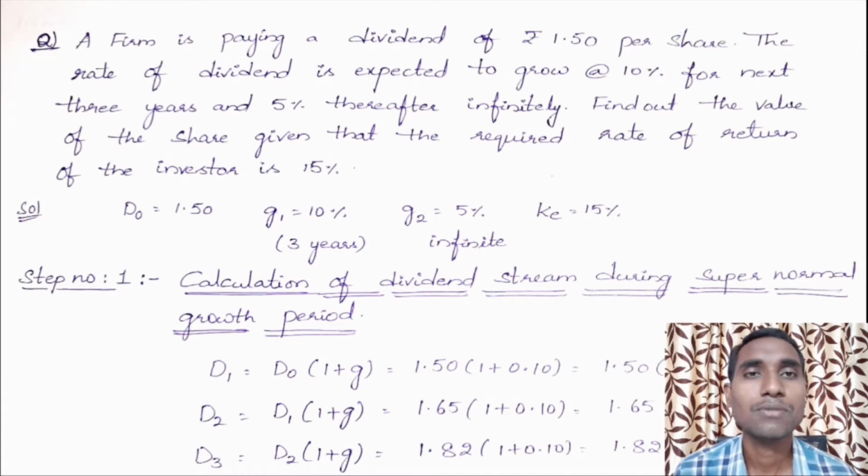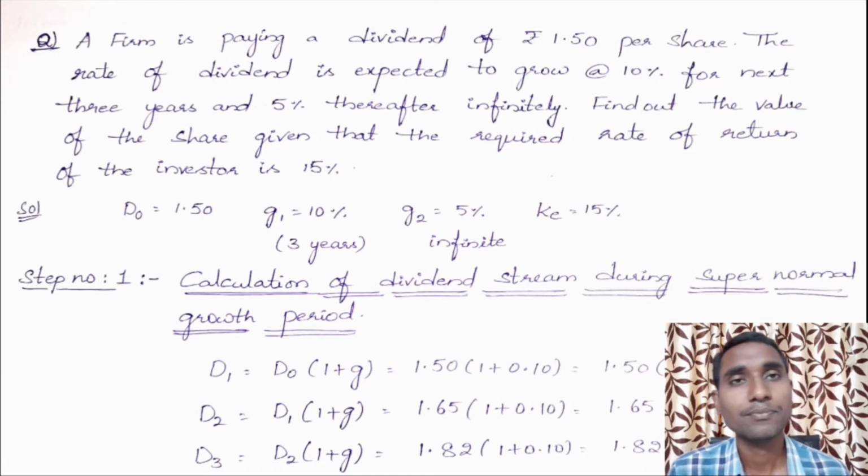So here is the question. A firm is paying a dividend of rupees 1.50 per share. So this 1.50 is the already paid dividend, that means the current year dividend.